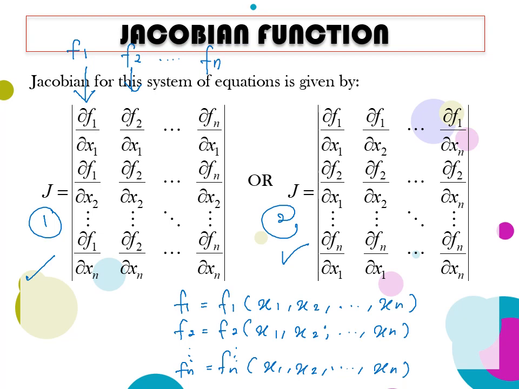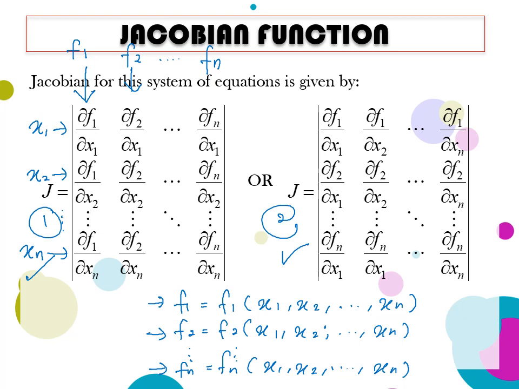And then you partially differentiate your functions with respect to all of the variables. The first row here you differentiate partially with respect to x1. The second row here you partially differentiate with respect to x2, until the last one here you partially differentiate f1 with respect to xn. Understand?